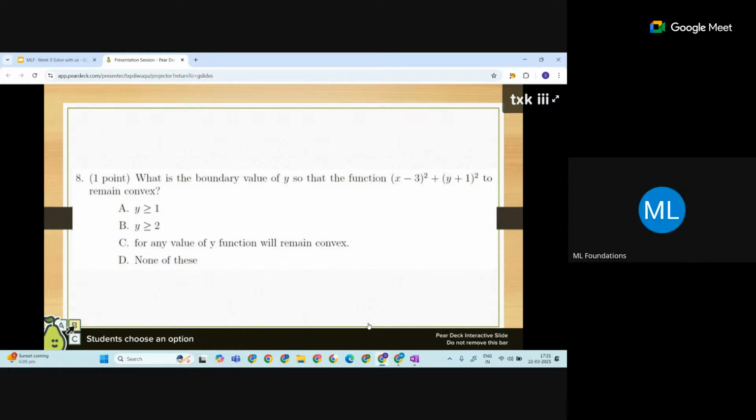What is the boundary value of y so that the function does remain convex? Easy. We have done this already, the previous one. Want convex, make it convex.